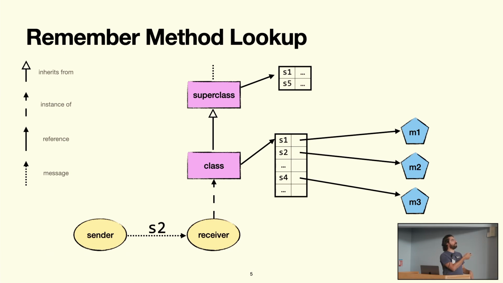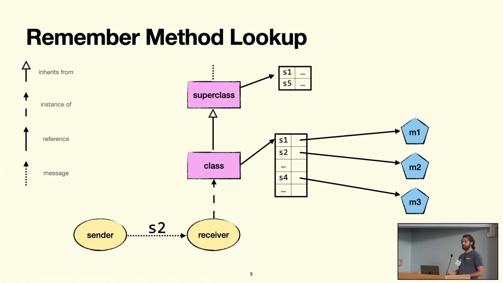So we fetch the class of the object, and then we look in the method table or method dictionary, if we have a method for that selector. Otherwise, we go to superclass and so on. Each of these pentagons are methods, and then these are classes, and so on. Okay, so this works. If here we do this, we are going to start the lookup from here, and then we are going to go here and fetch this method M2. Right. So that's easy.